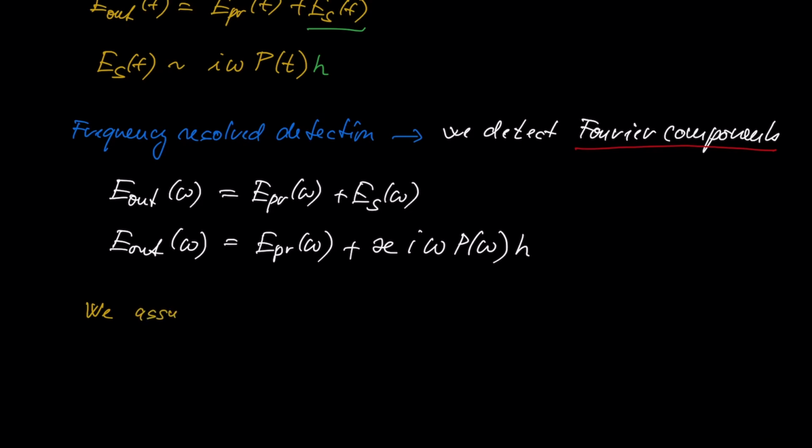So we assumed that P of omega can be written as some chi tilde, because it's not the standard first order or linear susceptibility, of omega here, and E_PR of omega. So this is like a response of the sample to the probe field alone.